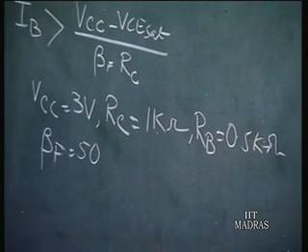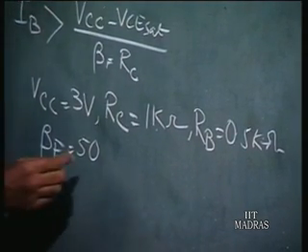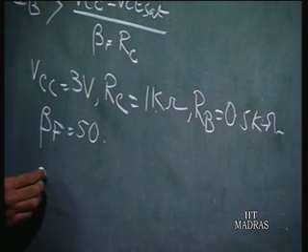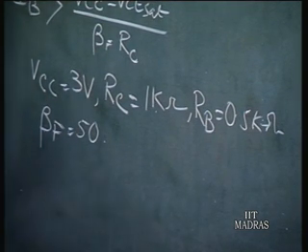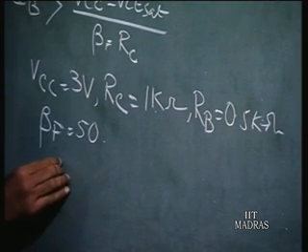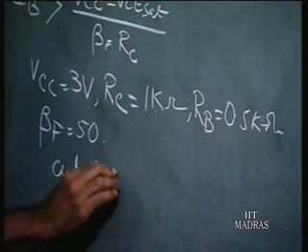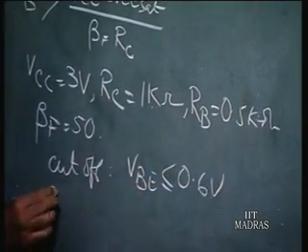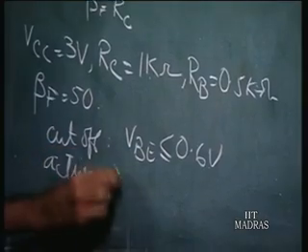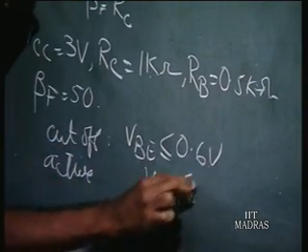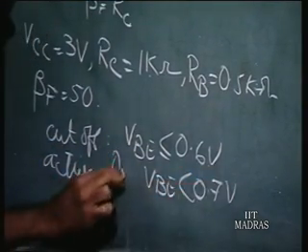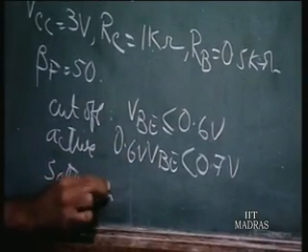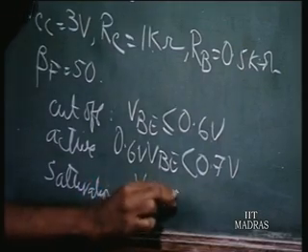Now, in addition, some conditions we have already discussed last class: just for the sake of analysis, let us assume that when the transistor is cut off, VBE is less than or equal to 0.6 volts. In the active region, VBE lies between 0.6 and 0.7 volts, and in the saturation region, VBE is equal to 0.7 volts.